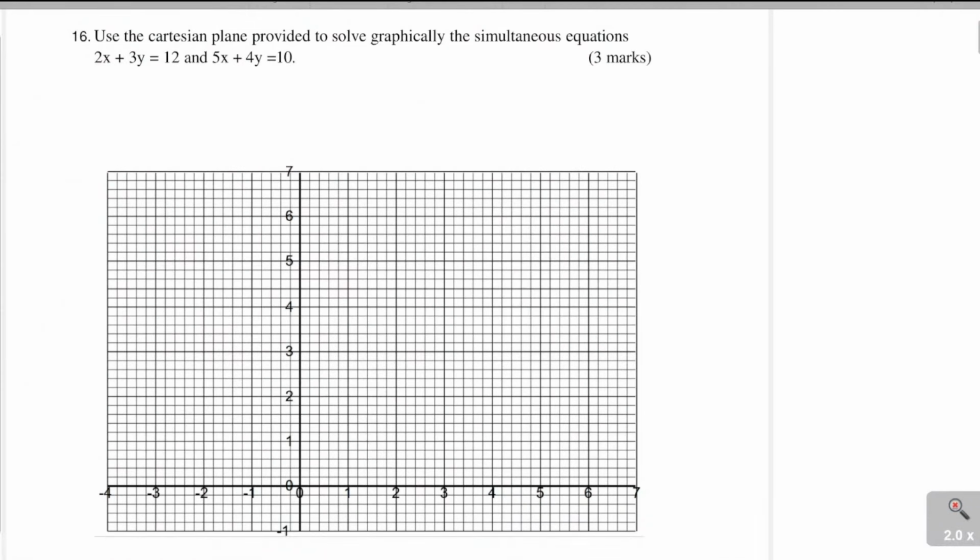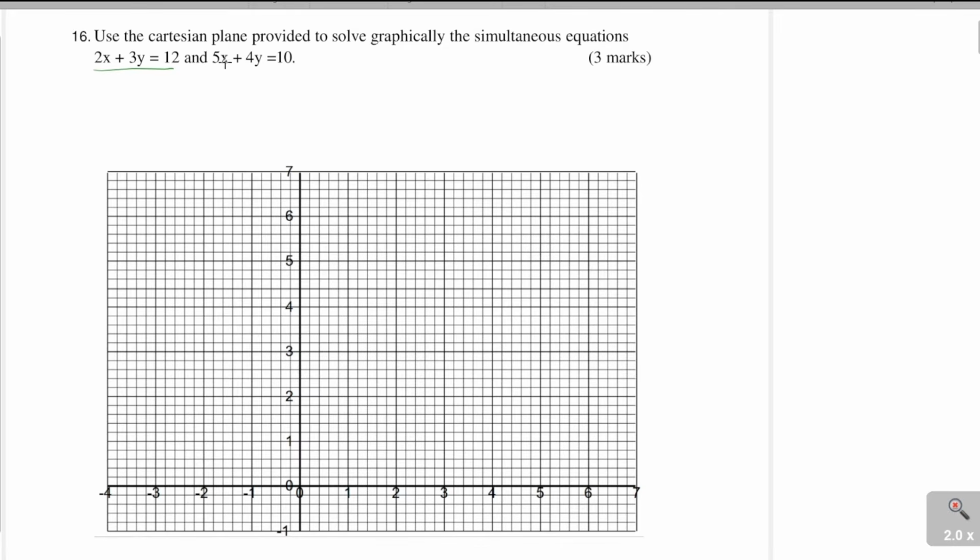Question 16. Use the Cartesian plane provided to solve graphically the simultaneous equations 2x + 3y = 12 and 5x + 4y = 10. 3 marks. So you're supposed to solve these simultaneous equations graphically. How do you do this? You simply have to draw the straight line given by 2x + 3y = 12 using at least 2 points.